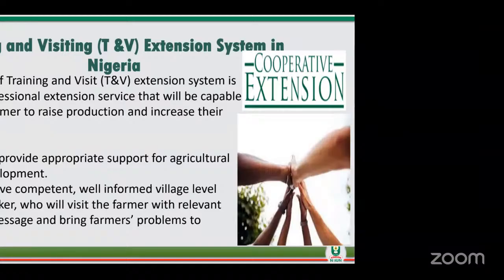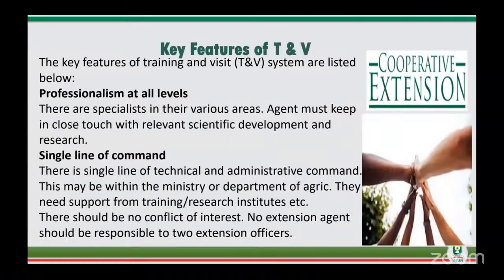Agents must keep in close touch with the relevant specialists, scientists, or scientific development and research groups. They must keep in touch with them. That way, they can develop professionalism at all levels.